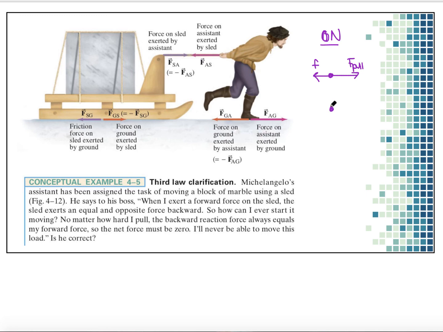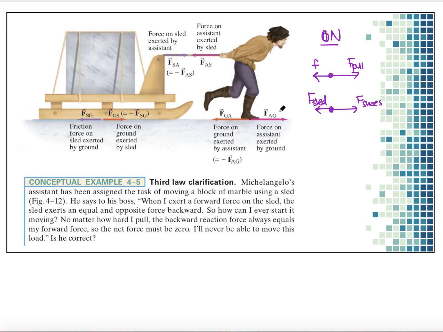For instance, if we're talking about the person, then the force from his shoes on the ground must be larger than some force of friction that is resisting this. Or in this case, not really friction, just the fact that the sled is pulling backward on me. So how do we distinguish what's going on here?